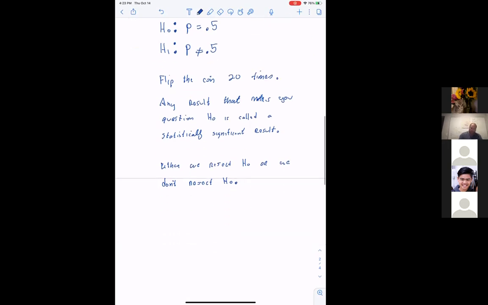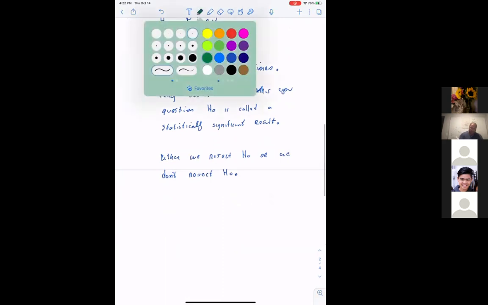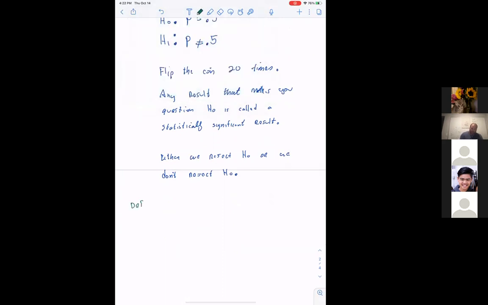Okay, now a term that we're going to use a lot, definition.